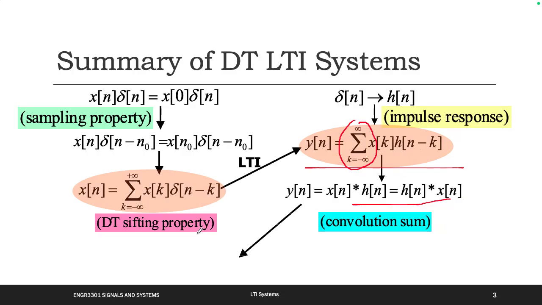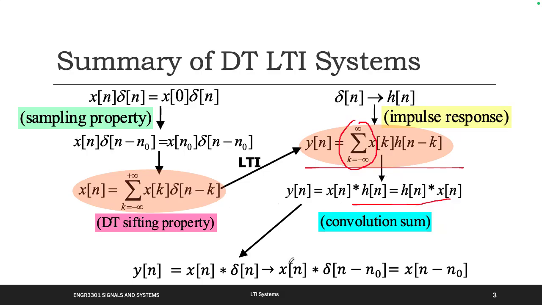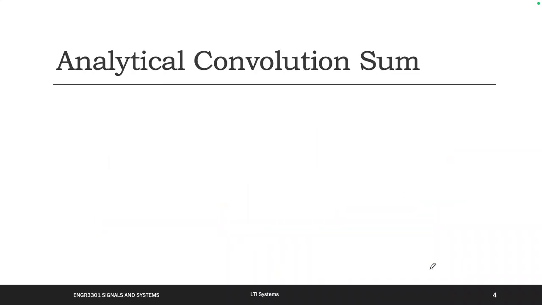And then from the definition of the LTI system, we have this property. What's the property name for this one? Yes, it is the shifting property. This property is very useful for us to simplify our computation. Then let's talk about the convolution sum.